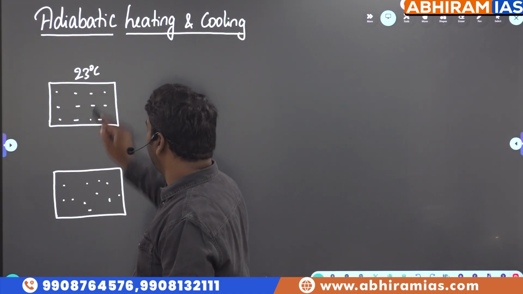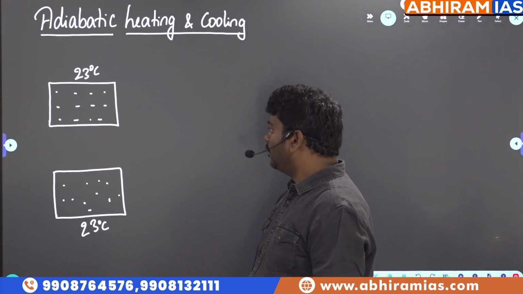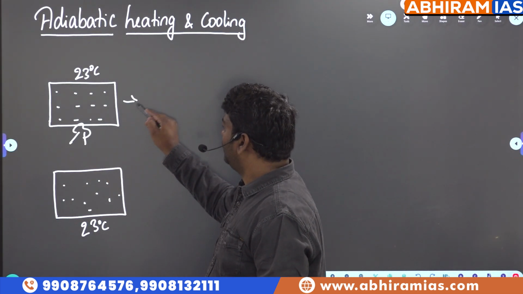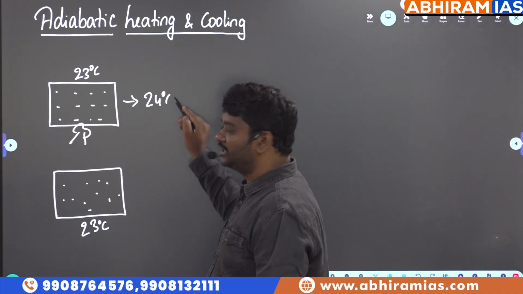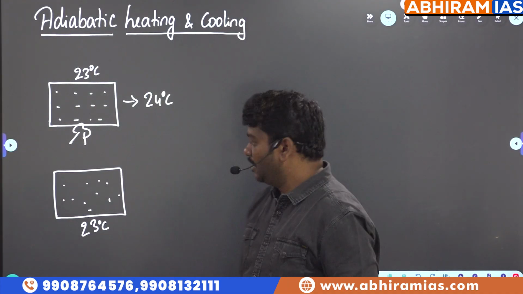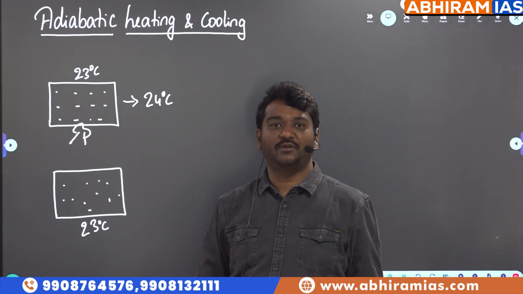This is at 23 degrees. This is also at 23 degrees. Now, if I heat it from outside, it will become 24 degrees Celsius. Simple. I'm heating, it becomes hot. Now, in this case, I don't want to heat, but I want to increase the temperature.